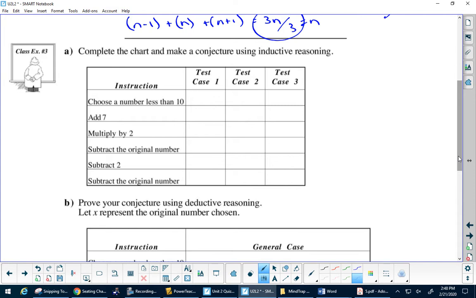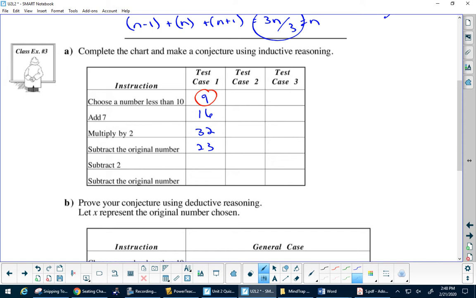Let's try it. Choose a number less than 10. Sure, you want 9? Going for the big one. Okay, add 7. What's 9 plus 7? 16. Multiply by 2. Subtract the original number. 23, right?